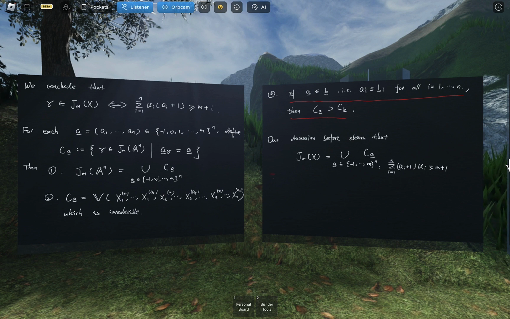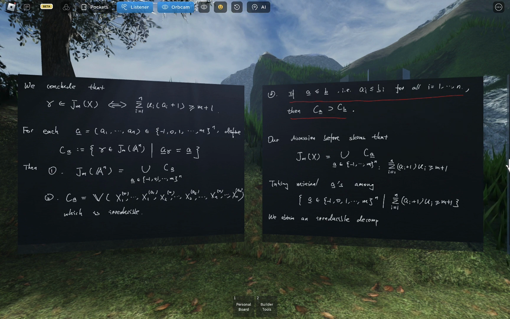So taking the minimum a's among this set, we obtain an irreducible decomposition of the m-jet scheme over X. Then we're done.